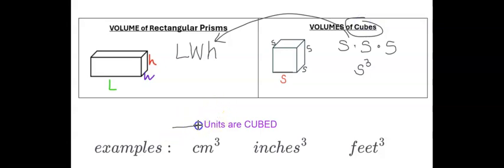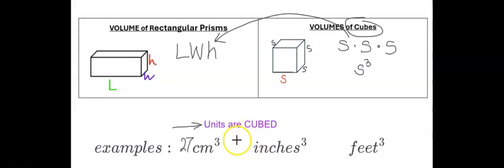The other thing to note on the bottom of this is that the units are cubed for volume, because that's what we're measuring. How many 1 by 1 by 1 cubes will fit in this particular figure. So if the answer was 27 cubes will fit, then it would be 27 centimeters to the third power.